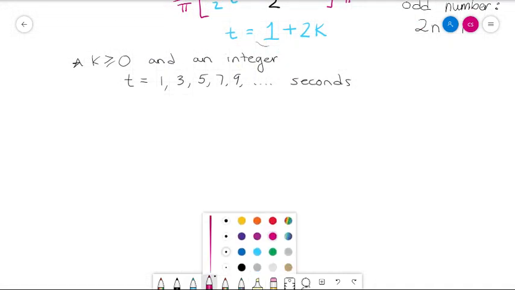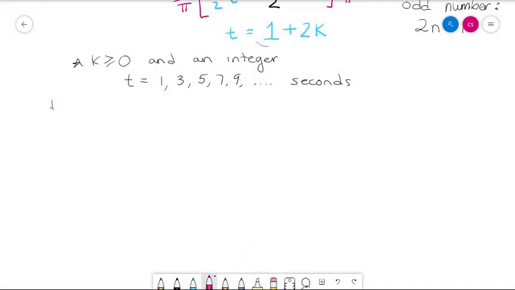So part D, when is the particle moving in the positive direction? So positive direction, because think about it, when you're just walking, you can walk forward or you can walk backward, right? So forward would be the positive direction, walking backward would be the negative direction.